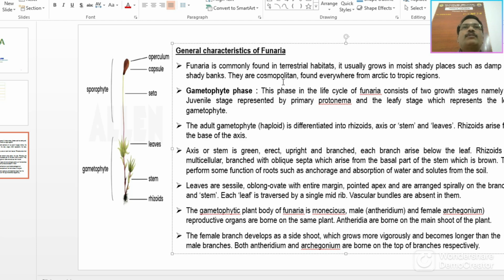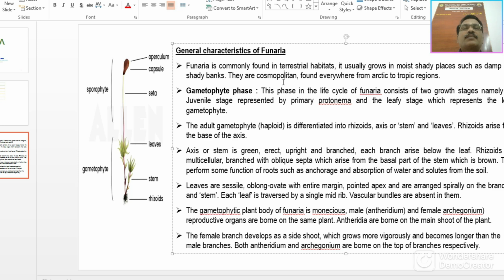And Funaria gametophyte. The life cycle of Funaria consists of two growth stages, namely the juvenile stage, represented by the primary protonema, and the leafy stage, which represents the leafy gametophyte. So the gametophyte is nothing but the haploid phase of the plant. It has two stages. One is juvenile.